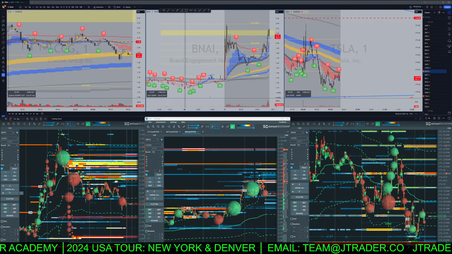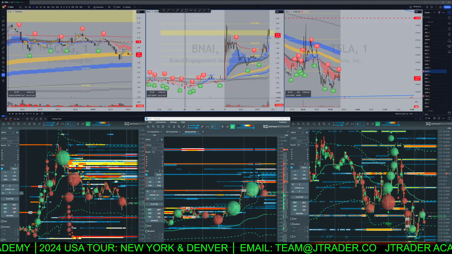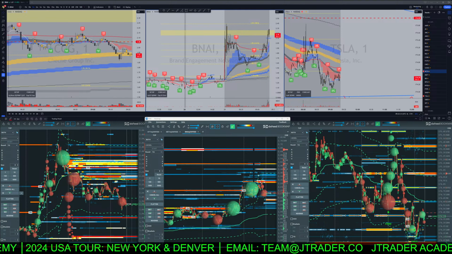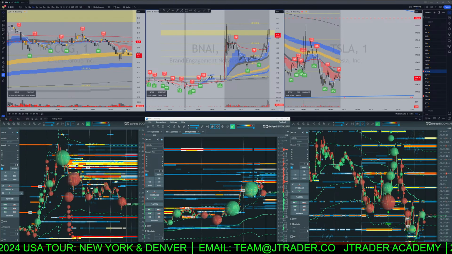Some resistance over there at 230. Now it's just rejecting the golden zone, and that level is a key level over here. So watching attentively.